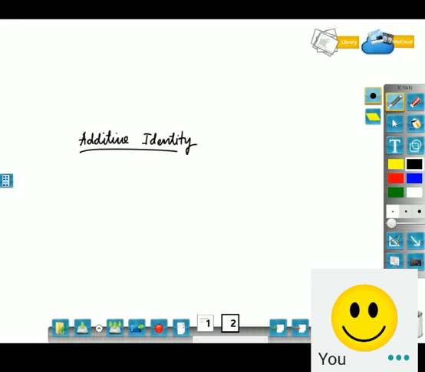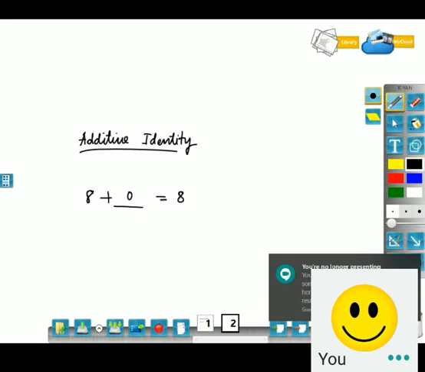Suppose we take an example, 8. To this 8, what do we have to add to get the same answer, that is nothing but 8? Which number do we have to add to 8 to get the same number, 8? Please write your answers in the comment section. Okay, thank you. 0. So 0 is called the additive identity.